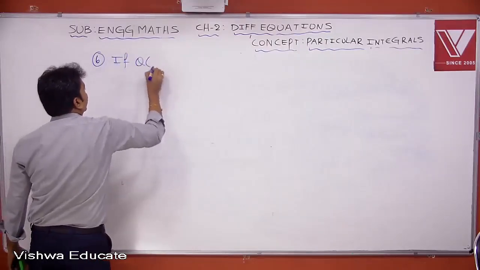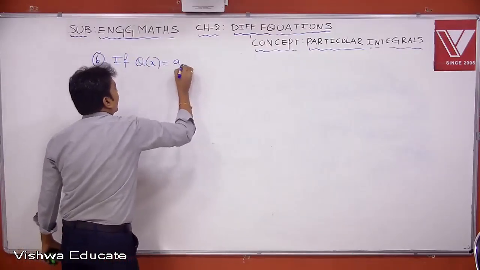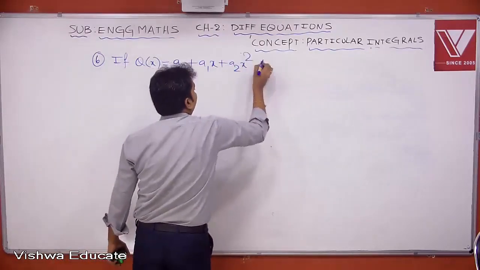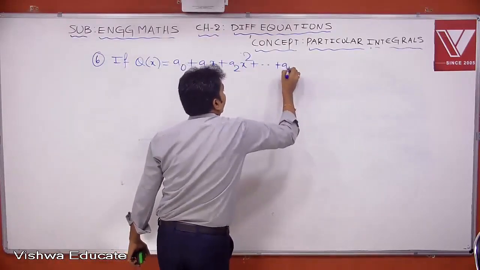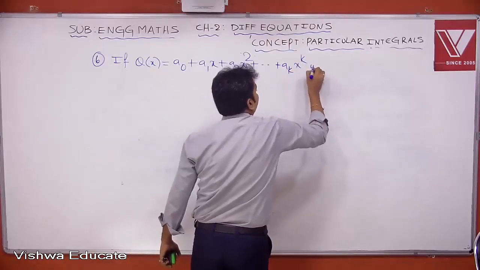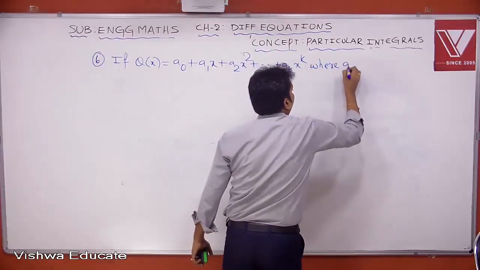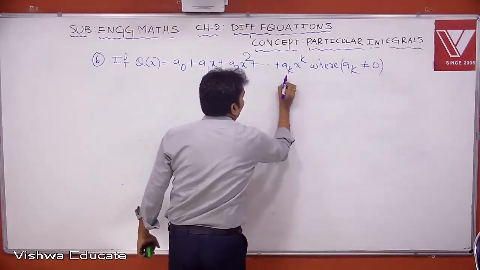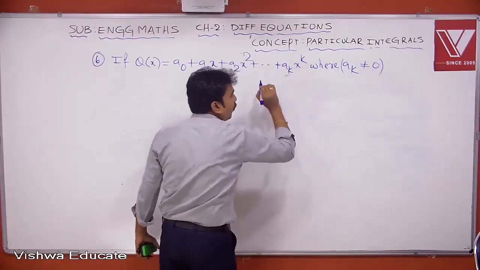Suppose Q of x equals a0 plus a1x plus a2x square plus and so on plus ak into x power k, where ak is not equal to 0. Here I am putting a restriction on ak because this is the coefficient of the highest power of x.